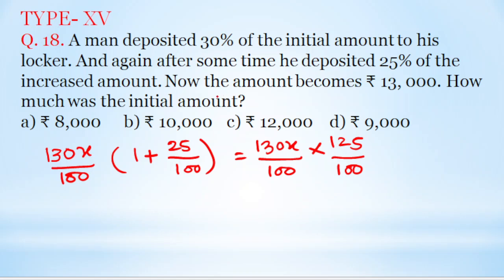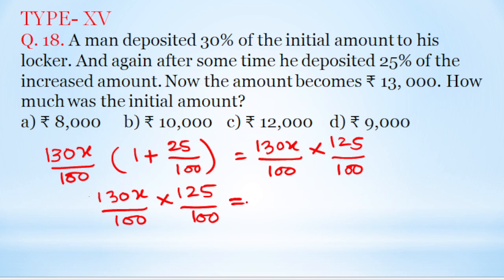So it is given that now the amount becomes 13,000. That means 130x by 100 into 125 by 100 is equal to 13,000.